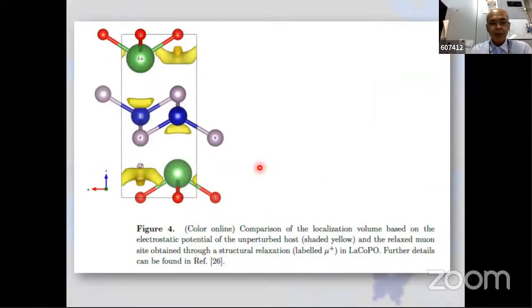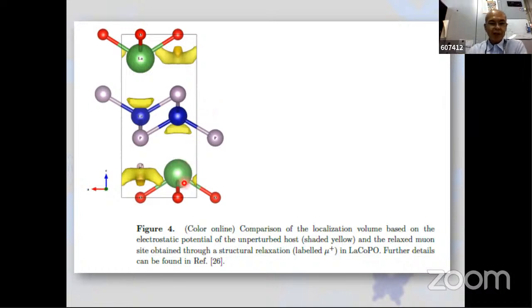And this one is a lanthanum cobalt phosphide, suggested by my collaborator in Malaysia, Professor Shukri Sulaiman. The muon position is like this, but this method is a little bit different. We use DFT, and he uses DFT as well, but the package program is different. Our package program is based on the plane wave method.